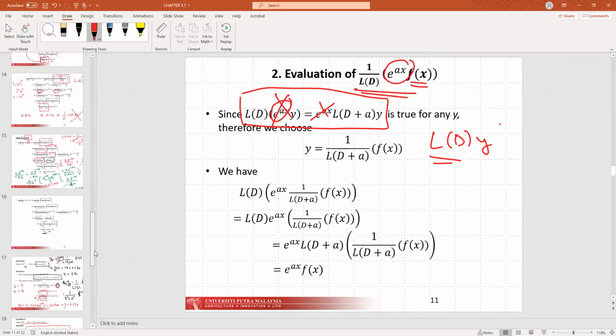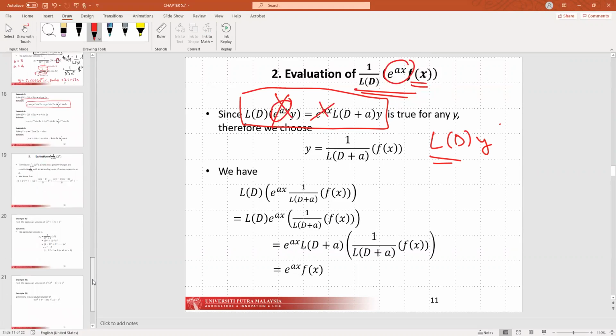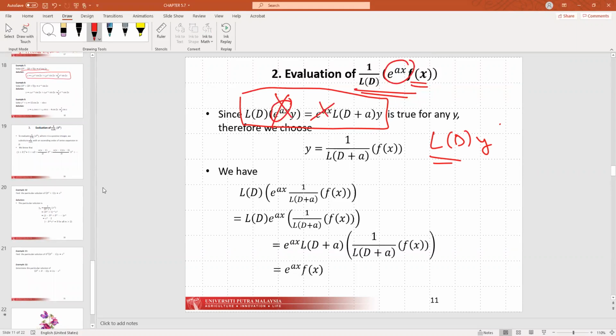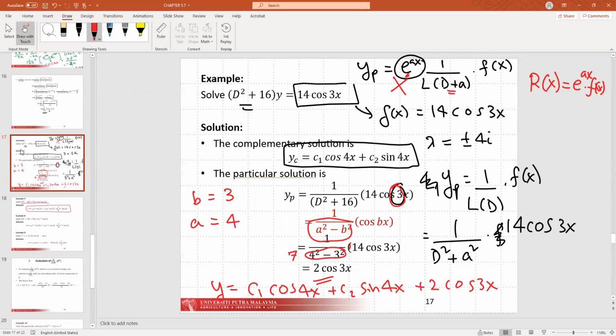Okey, bukan A sama dengan kosong. So awak kena ingat balik, yang E to the AX kalau A kosong, sebab dia darab dengan E to the 0 X, yang jadi 1.